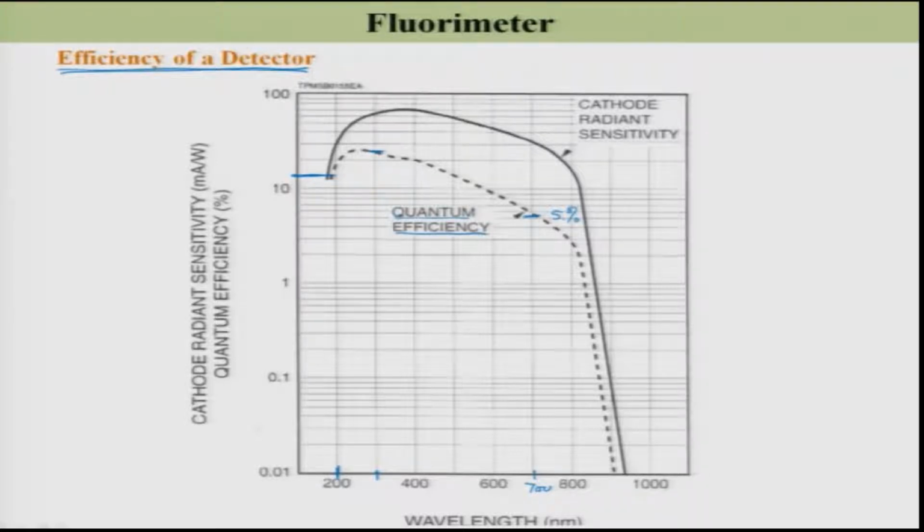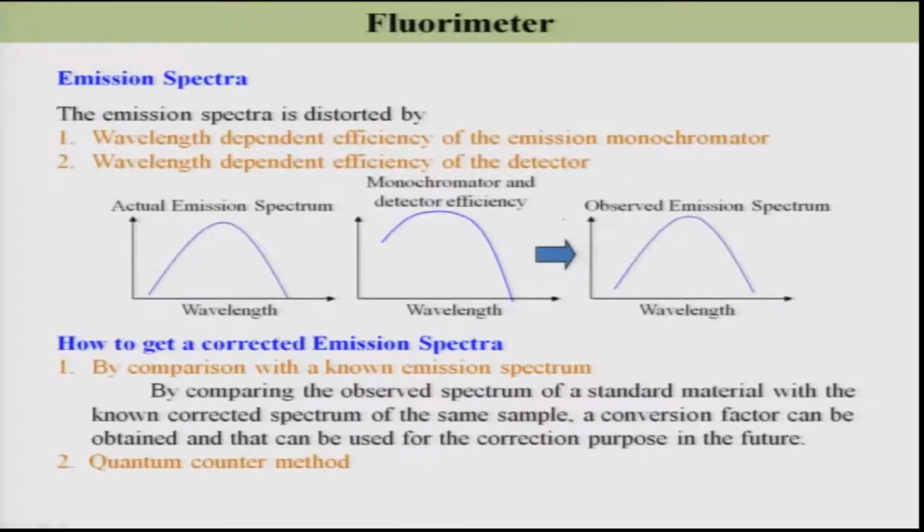So efficiency is a function of wavelength for this detector, and for that reason, what will happen? If this is the actual emission spectrum of your species, as I showed here, let me change the color of this pen.